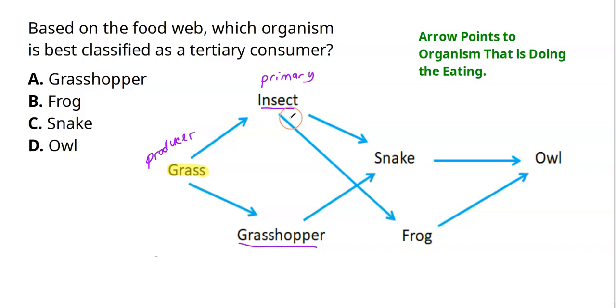And then the secondary consumer eats the primary consumer. I'll write it again. So let's see, what are the secondary consumers? Well, the insect is pointing to the frog. So the frog's eating the insect, and the insect points to the snake. So the snake's eating the insect. So the snake and the frog are secondary consumers.